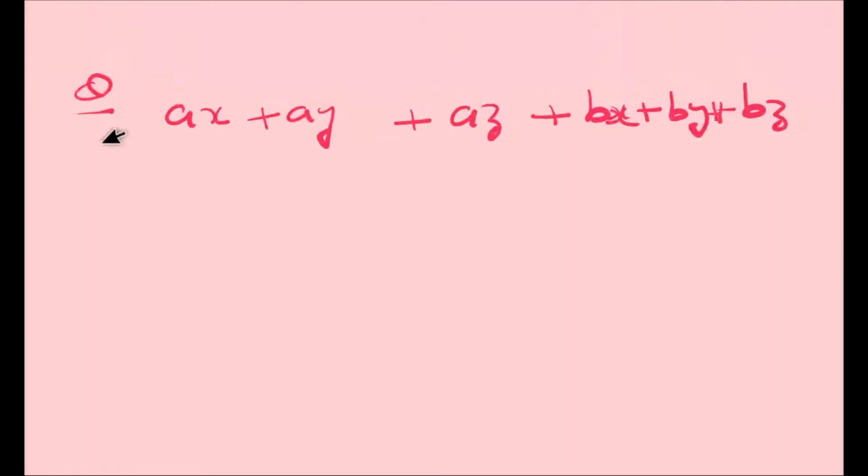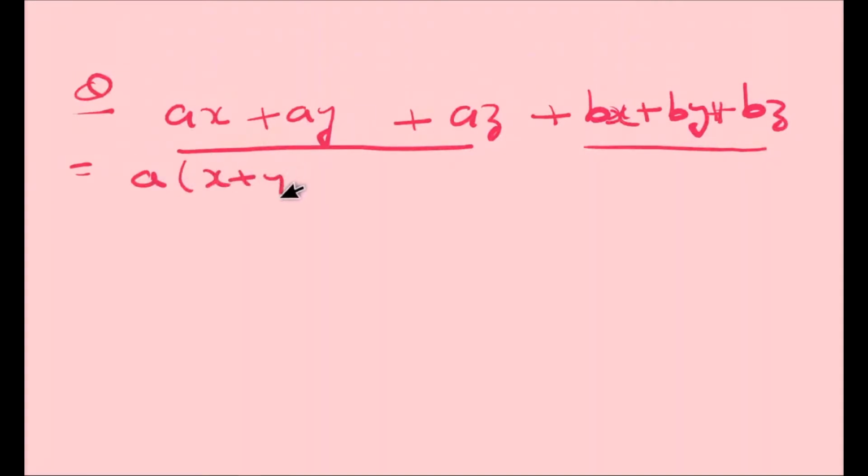Okay, so we understand that this should be a pair. In each pair a is common, and this should be a pair. Okay, write the a common here. We get x plus y plus z here, and again plus b can be common, so we write here x plus y plus z.